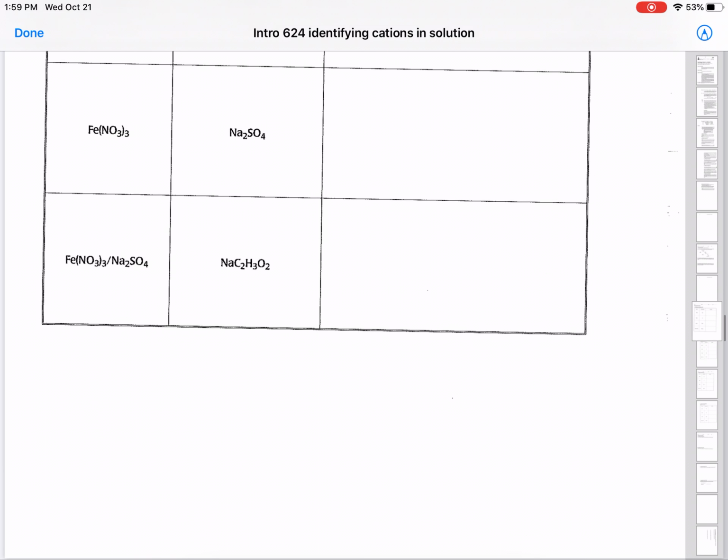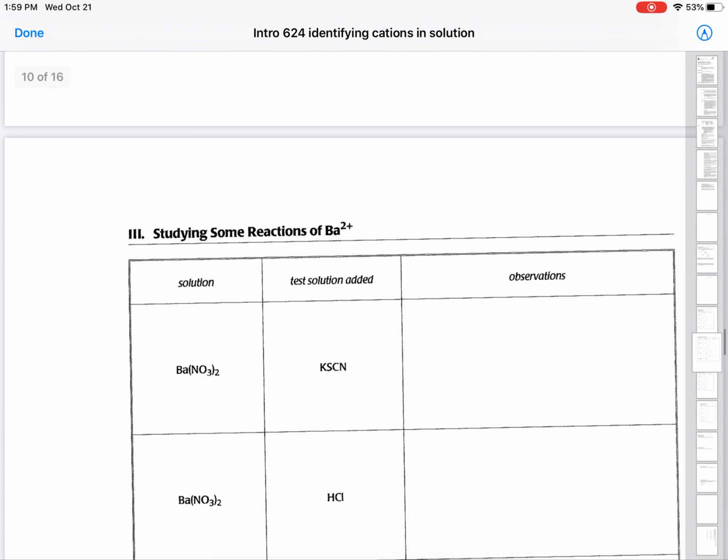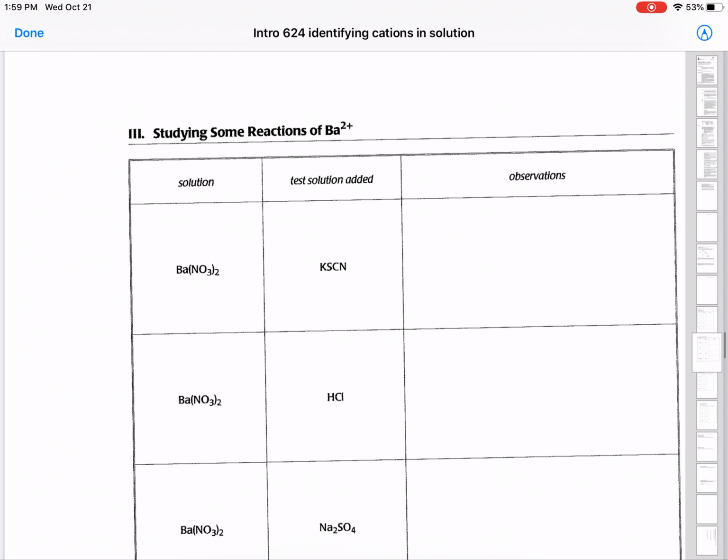Okay, so you can refer to that. And same thing with the barium. So whether the barium nitrate is going to react with potassium thiocyanate. With iron nitrate you will see a red complex, but with barium, potassium thiocyanate will not give you any red color. So you know that potassium thiocyanate only reacts with iron nitrate, not with barium.